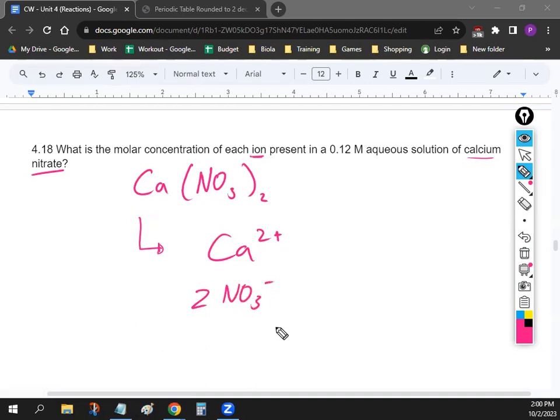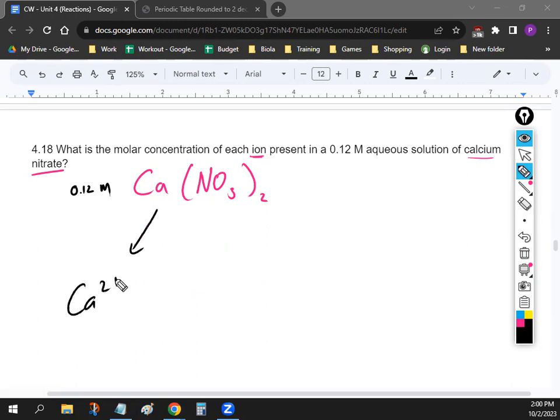So let's think about this logically. If this solution of calcium nitrate is 0.12 molarity, what's the molarity of the calcium ion? 0.06, my bad. So each calcium nitrate breaks up into 1 Ca2+, and it's going to break up into 2 nitrates.